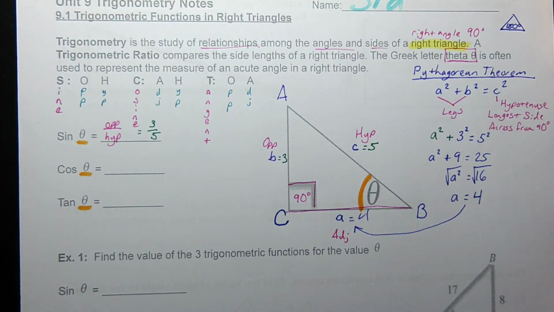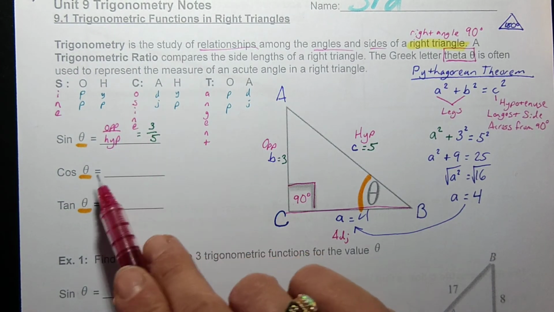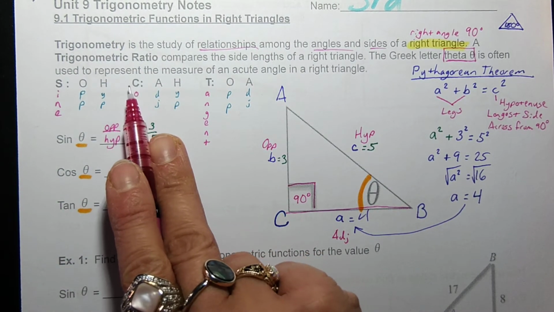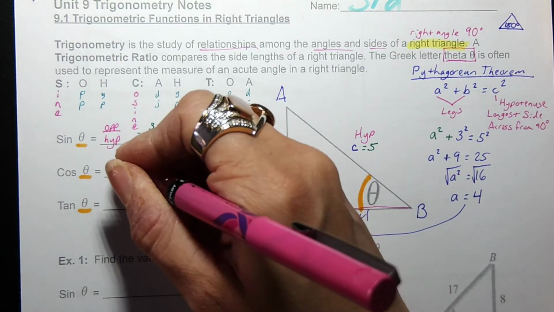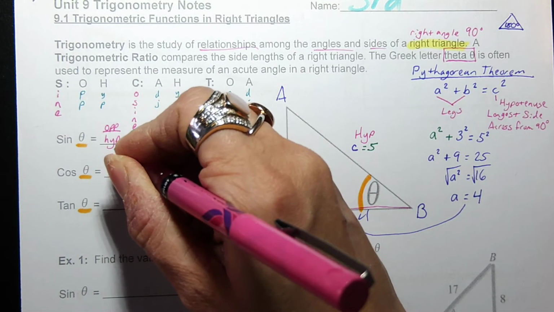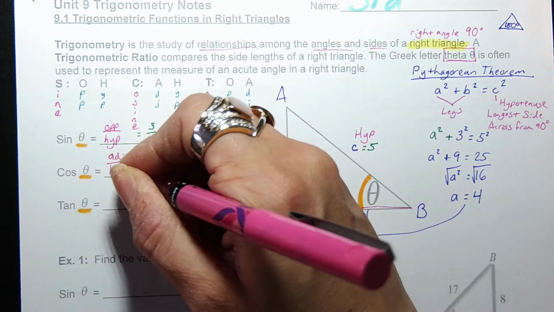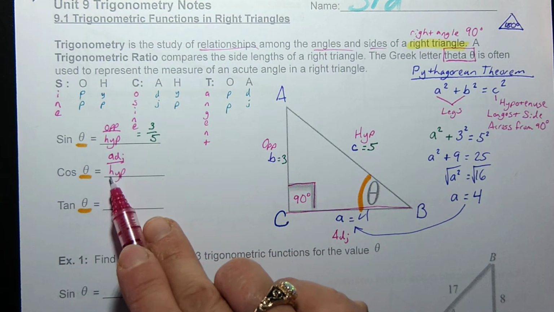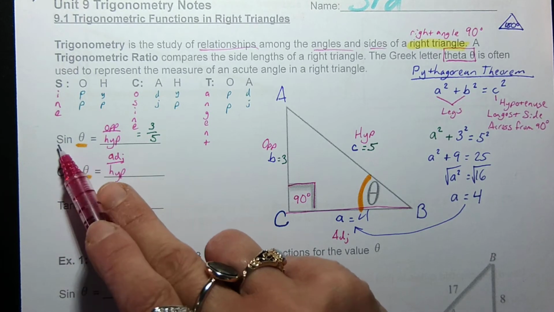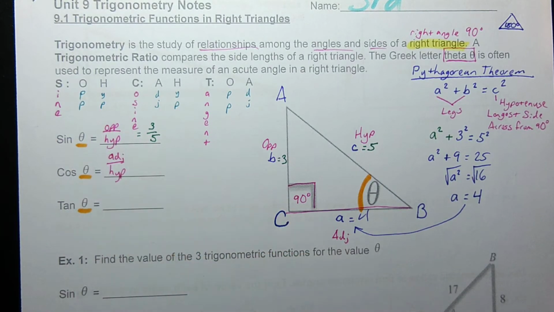Cosine is the CAH part of SOHCAHTOA, which says cosine of the angle is A, the adjacent side, divided by H, the hypotenuse side. So C-A-H for cosine, and S-O-H for sine.